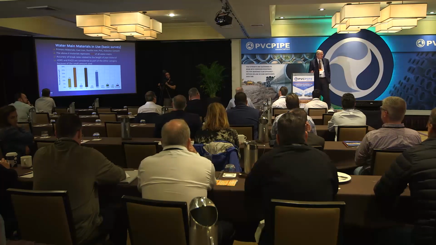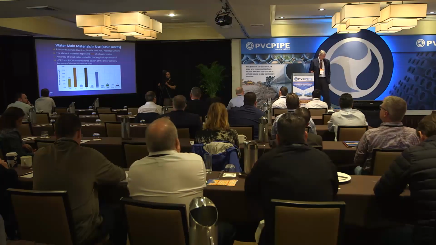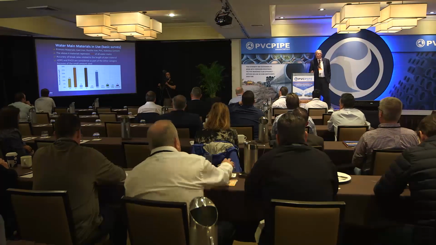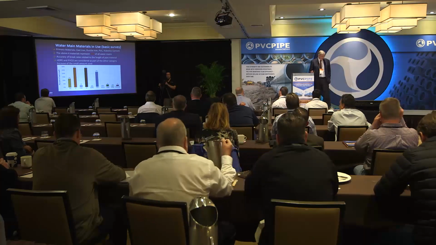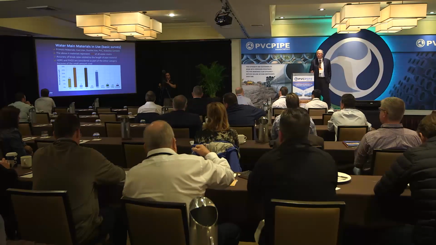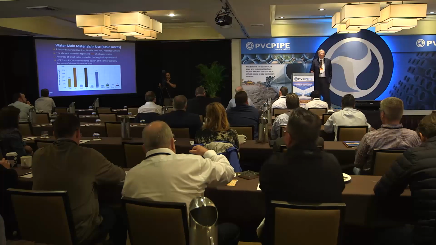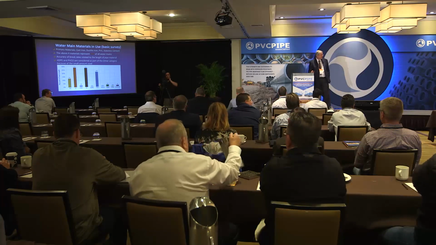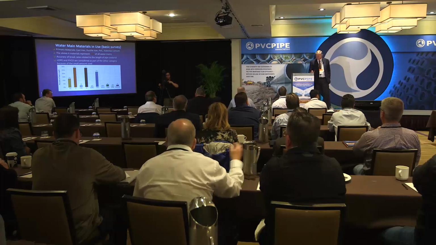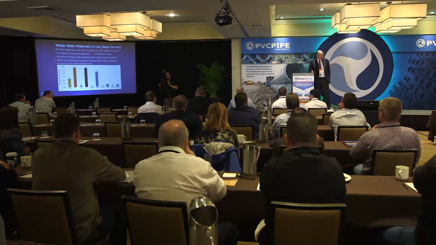So from this point forward in our report, those two pipe types are moved over into the other category. Interesting, you still have 2% of pipe that is unknown. A lot of people still don't know what they got buried in the ground 100 years ago or 50 years ago. Records still need to be updated on that.